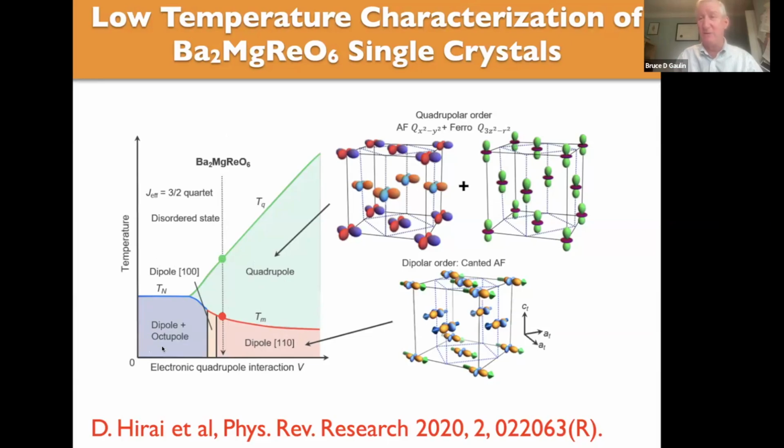Whereas if it was weaker, you would go into something that's much closer to what we had in the D3 systems, where you've got some combination of a dipole and octopoles present. At any rate, these are the sorts of pictures that they come up with for the nature of the quadrupolar ordering. And I've already shown you this picture for the nature of the dipole ordering.